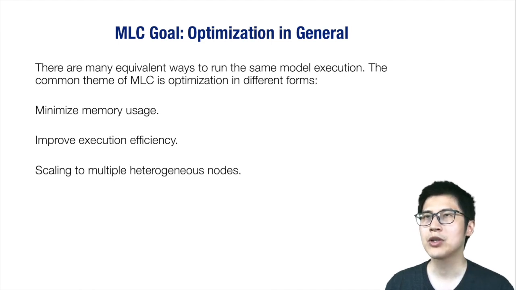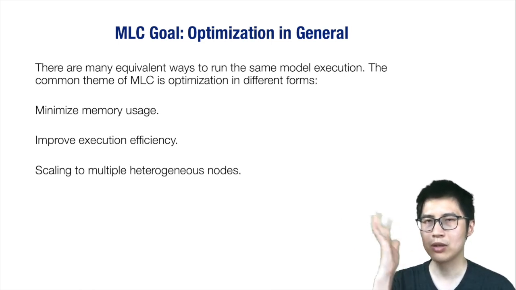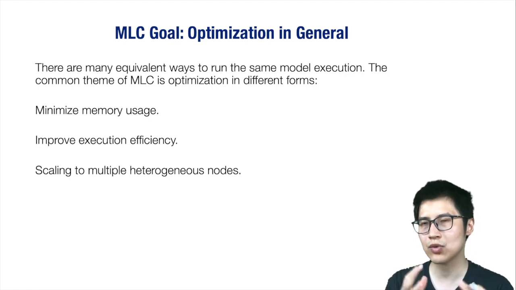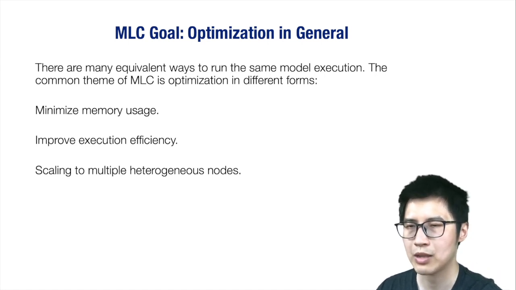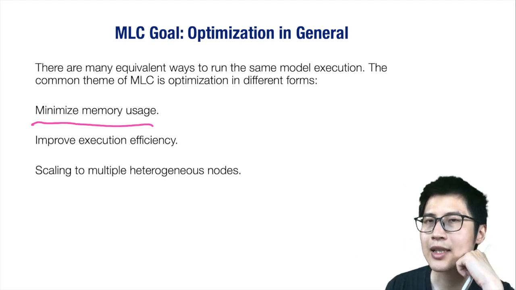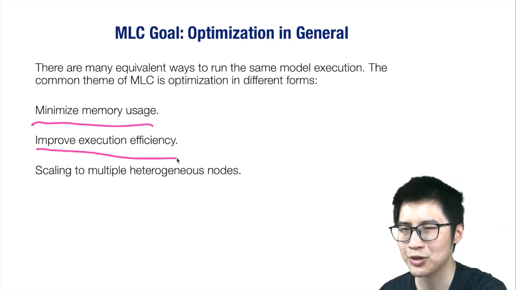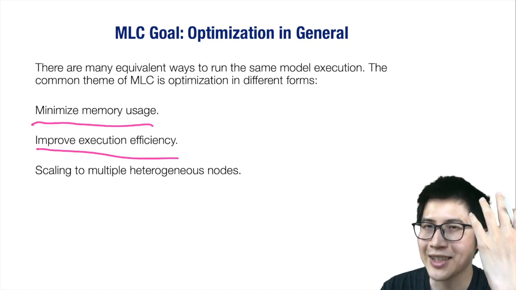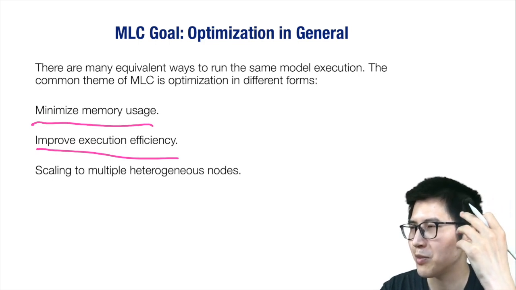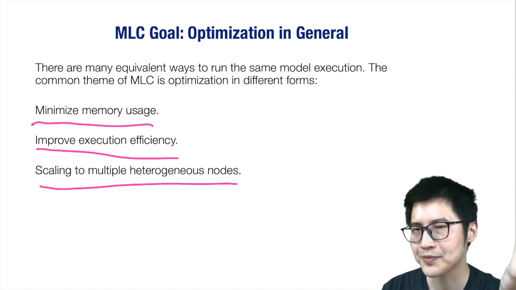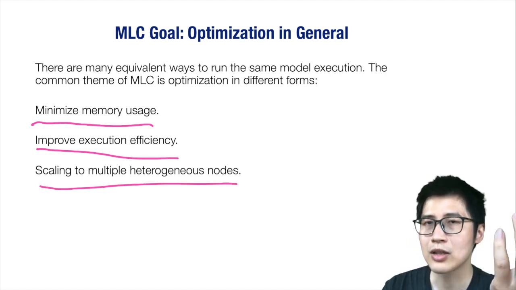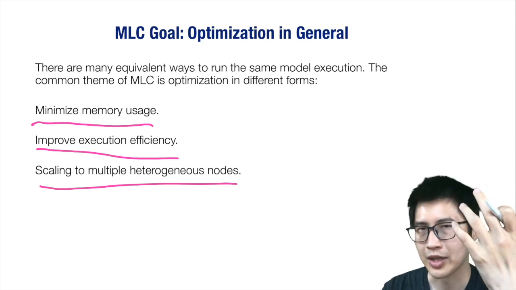One of the goals of machine learning compilation is to take the model from development form and do transformations such that it helps us do optimization in different cases. For example, one of the goals could be we want to minimize memory usage. In other cases, we are interested in improving execution efficiency. Or in other cases, nowadays, if you want to really build bigger models, we're interested in scaling to multiple heterogeneous devices. So these could be all the goals that machine learning compilation cares about.